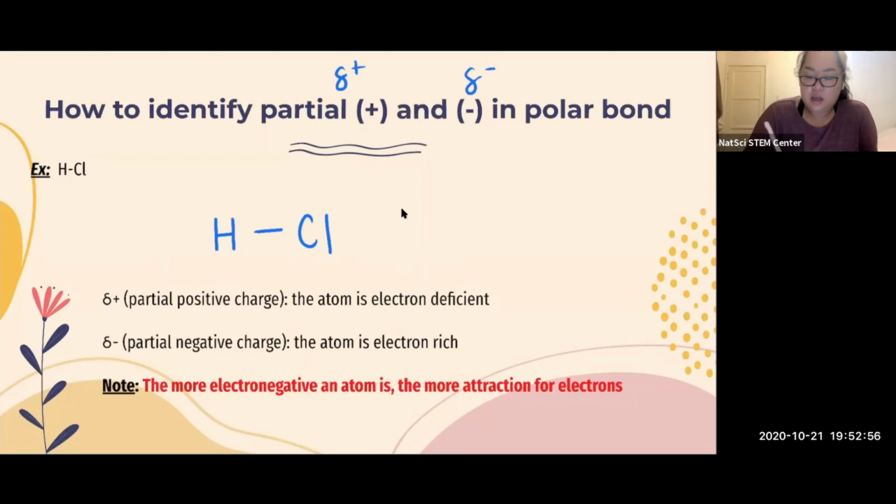Hydrogen would be a partial positive, has a +1 charge, if you think about it. Chlorine is partial negative. So it goes like this when you draw your arrow. The more electronegative an atom is, the more attraction for the electrons. So most of your electrons are going to chlorine. So it'd be a polar covalent bond.